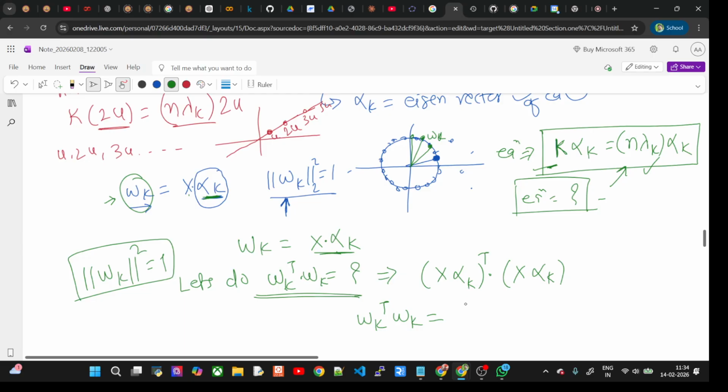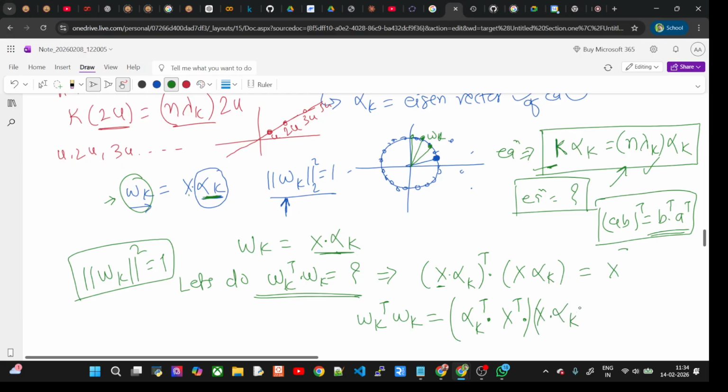I'm just taking this alpha k transpose here, and this x transpose. You know that AB transpose is B transpose A transpose, correct? This is what we know, that the matrix AB transpose is B transpose into A transpose. The same way, x into alpha k transpose is alpha k transpose into x transpose, and this value is as it is, x into alpha k.